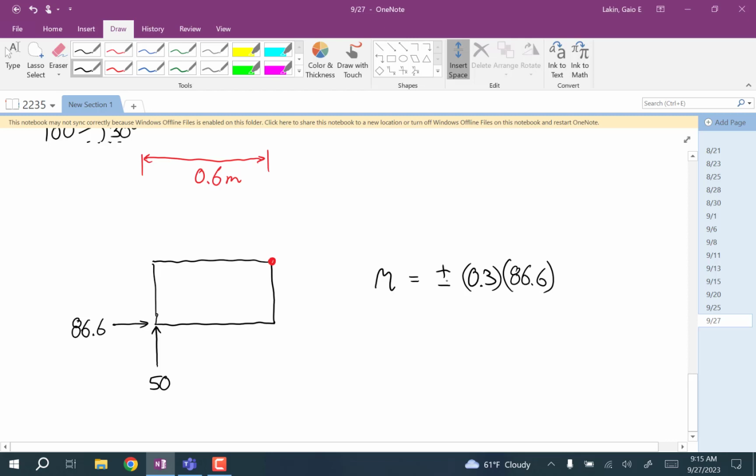That's a counterclockwise moment, so it's positive. The 50 has a moment arm of 0.6 and a force of 50. And around that about point, it produces a clockwise moment.